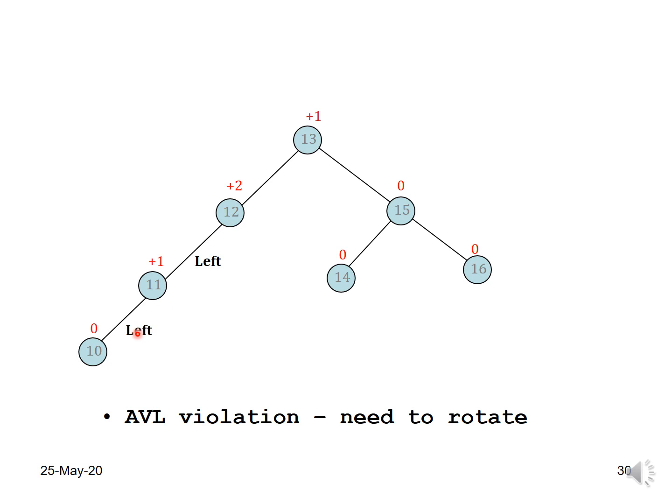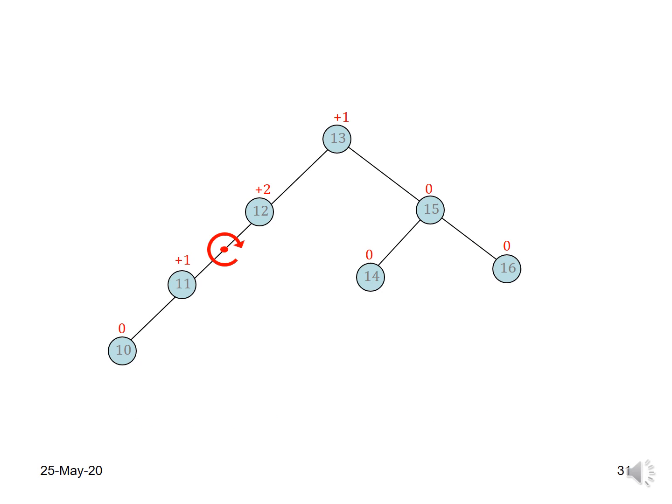We will perform the single rotation, which means we will rotate this 12 to the right, or we can say we will find out the mid, which will be 11. We will focus on these three nodes 10, 11 and 12, so 11 will come on the top and 12 will come on the right hand side, so like this, 12 to the right.